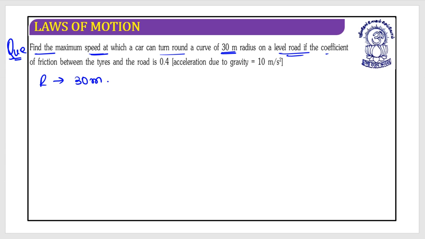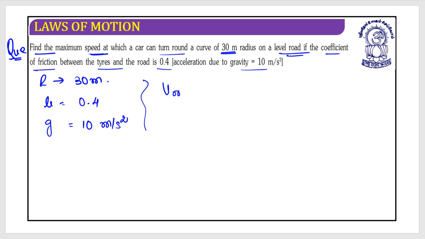On a level road, the coefficient of friction between the tires and the road is mu = 0.4, and acceleration due to gravity g is given as 10 meters per second squared. So Vmax is equal to the root of mu s into r into g.